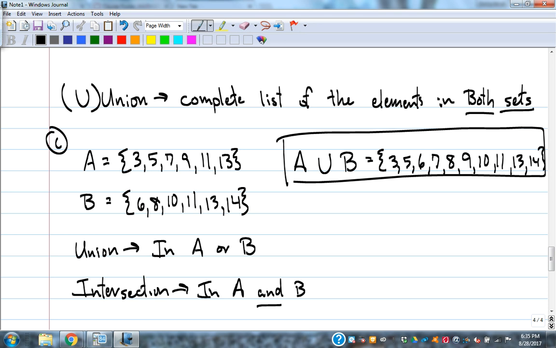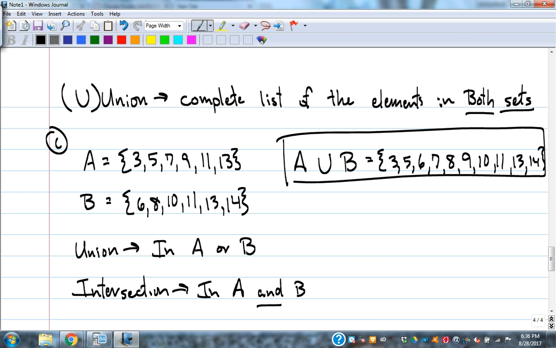Think about the roads here. An intersection of two roads is a small spot, right? So an intersection is a smaller set than a union would be. I won't say in all cases, but most cases.